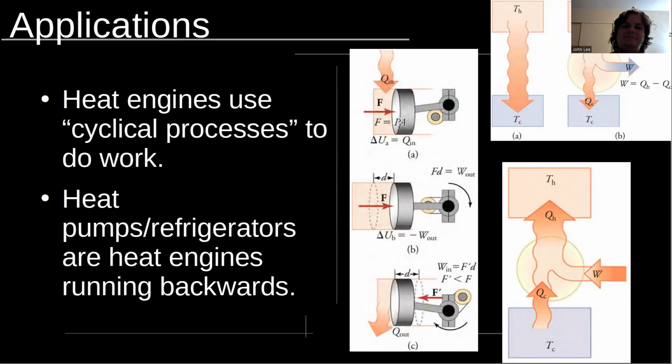And then what you see is called a cyclical process. So if you look at the top right graphic, it's going to show you a more generalized version of that process where you have some reservoir with a high temperature that introduces heat into the piston, and some reservoir with a low temperature where the heat is taken out of the piston.